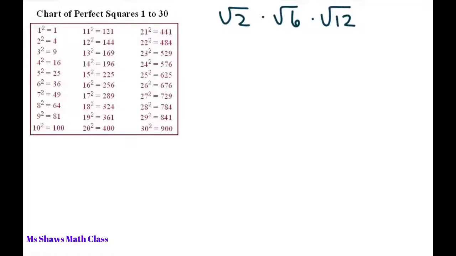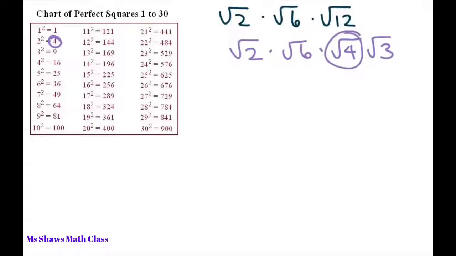These numbers are going to get pretty big, so what we might want to do is go ahead and first simplify this square root of 12 with our perfect square of 4. So that's going to be square root of 4 times the square root of 3. The square root of 4 is 2, so I'm bringing the 2 out.